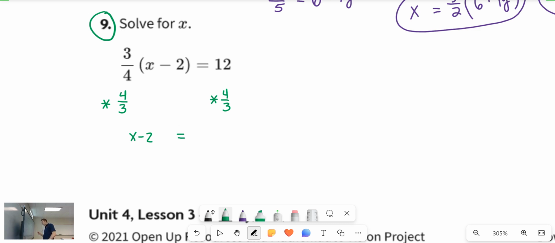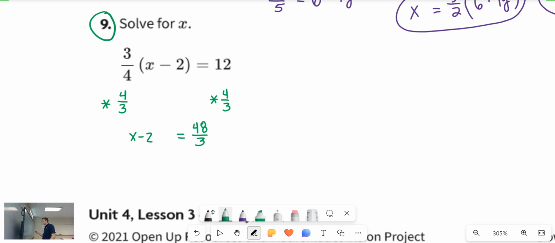So when we do that, we should be left with x minus 2 on one side, and then what's 12 times 4/3? Well, 12 times 4 is 48, and then we just leave it over 3, right? 48 over 3. Okay.